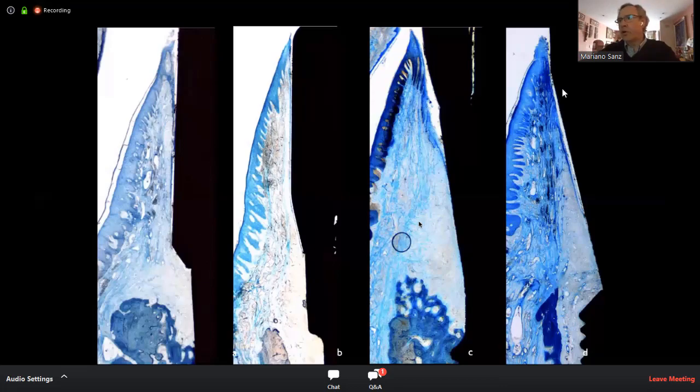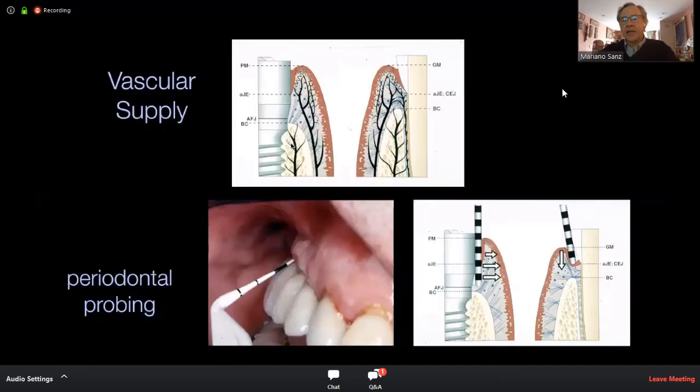And therefore, when we try to set up or to build up the soft tissues around the dental implants, we need to have these things into account. We understand that the soft tissues around dental implants do have less vascular supply, since they do not have the vessels coming from the periodontal ligament.